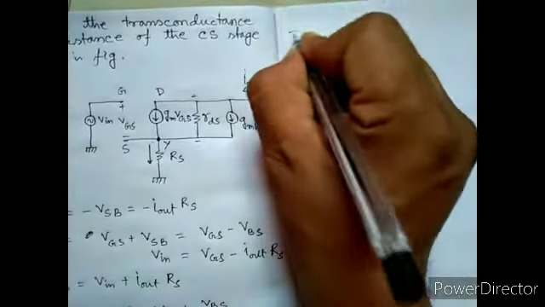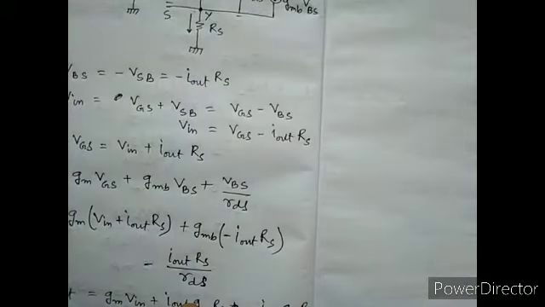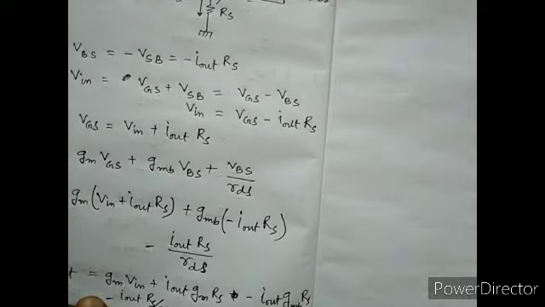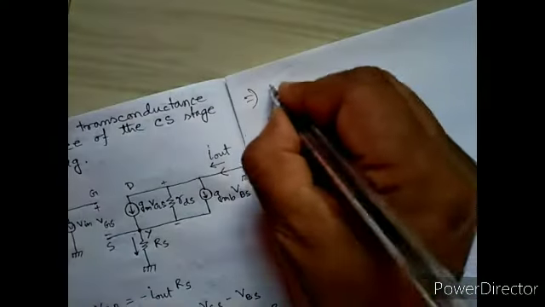Okay, now after that, if we simplify this, then from there we can find out I out by V in. We know transconductance.